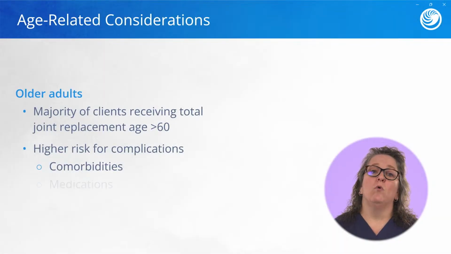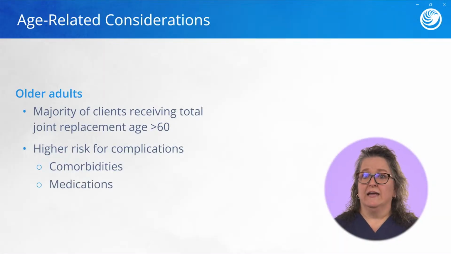The older client may have hypertension, pulmonary disease, diabetes, kidney disease. These all affect them during the procedure and also during recovery. And they are on more medications, maybe anticoagulants, insulin, steroids, blood pressure medications. All of these will affect the client during surgery and post-operatively during recovery.